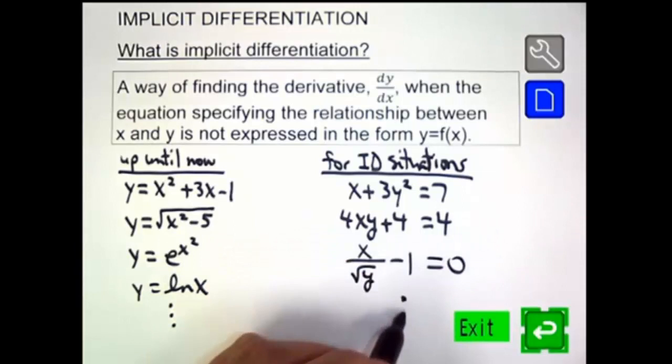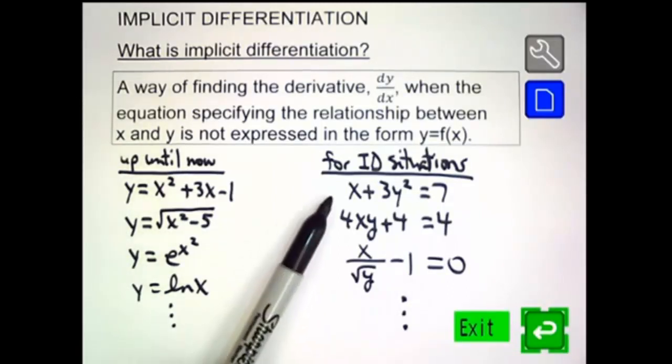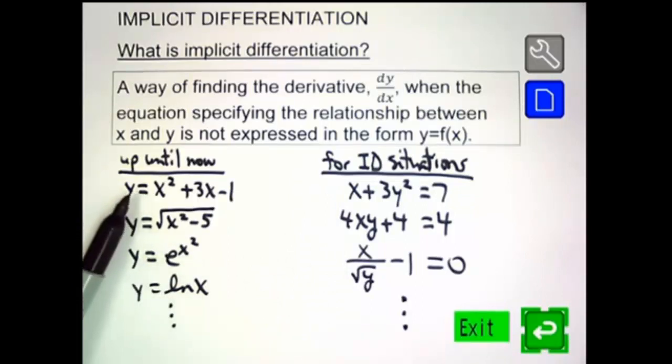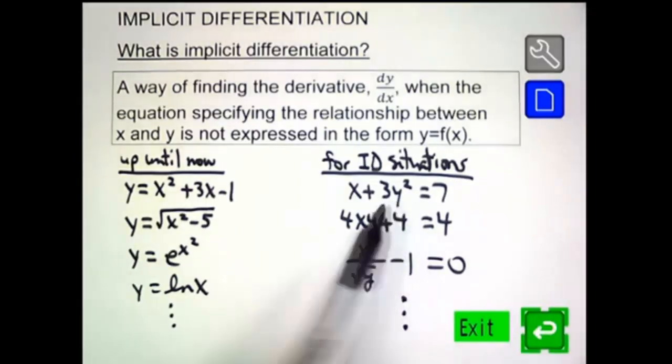And again, you could go on and on and on. But here's the contrast between the two things. Our old derivative rules up to now have assumed that you're going to have y equal to. Implicit differentiation shows us that we can actually find the derivative without having an explicit equation written in the form of y equal to something where it's a function of x. So even though we're going to think of y as being some function of x, we don't explicitly have to write it that way.